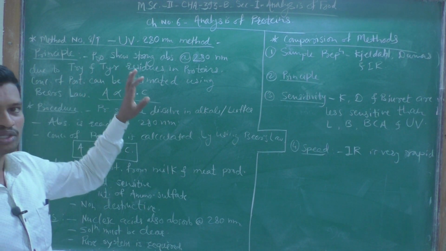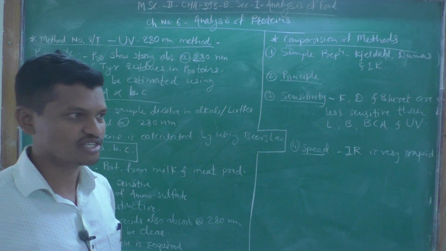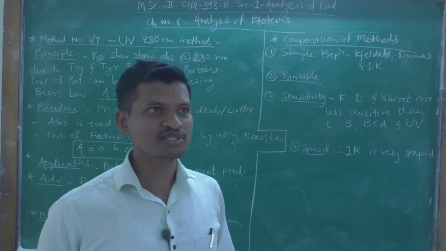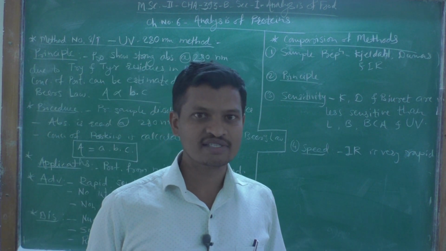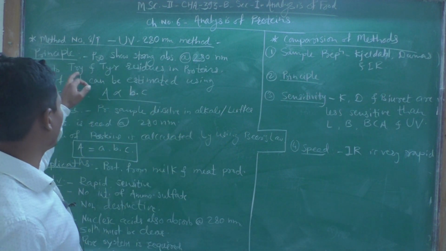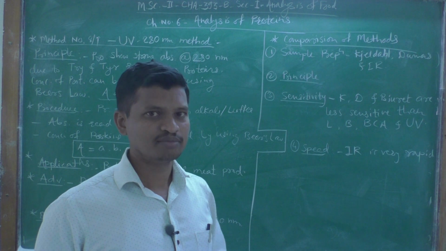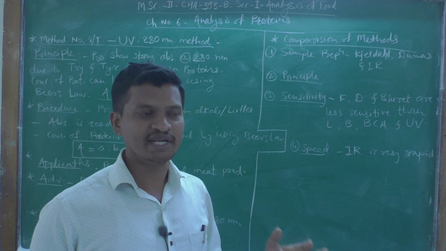It is based on the UV absorption at 280 nanometer. Most of the proteins which have aromatic side chains, generally tryptophan and tyrosine, absorb the UV light at this wavelength, that is 280 nanometer.